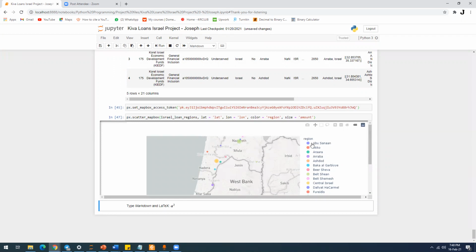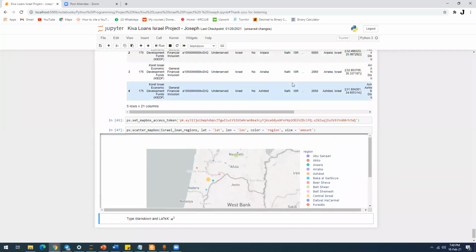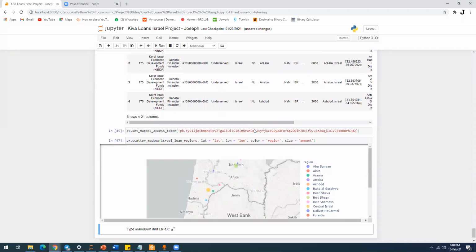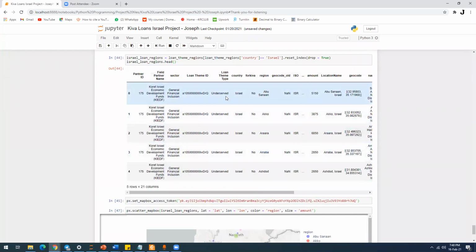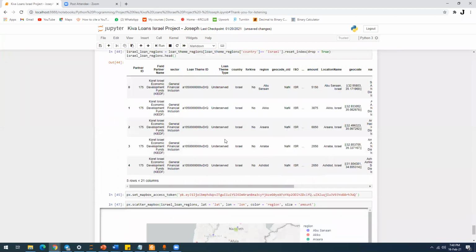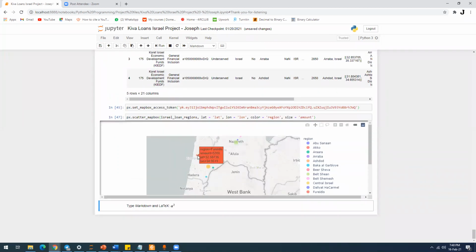So for every region, you can see the amount. In this case, we were dealing with loan amount. But remember, this data is the loan themes by region. For this region, if you read this, the amount is 5,300, all the way.